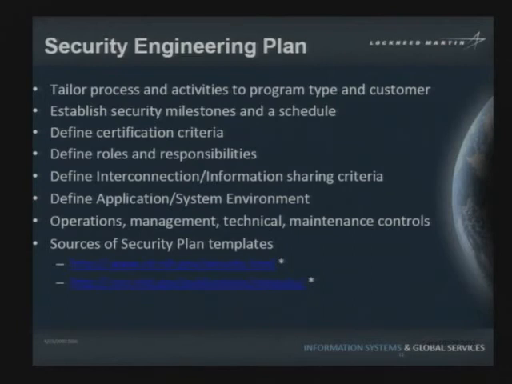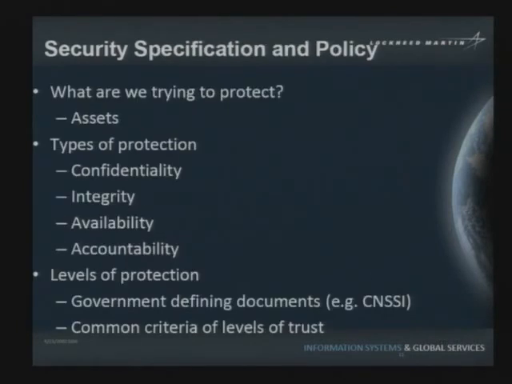In their case, SP 800-64 is a good source of this. So it may be part of the security engineering plan, it may be a separate plan. You're going to have something called the security specification and policy. So what are we trying to protect is what we're going to describe in this plan.